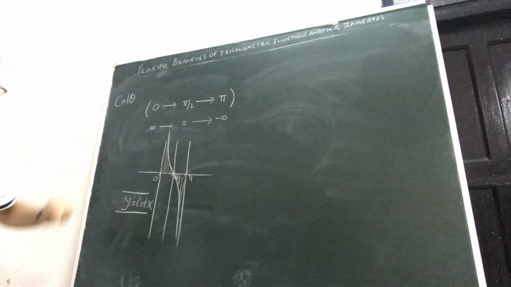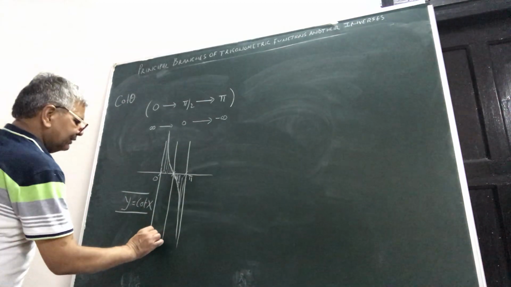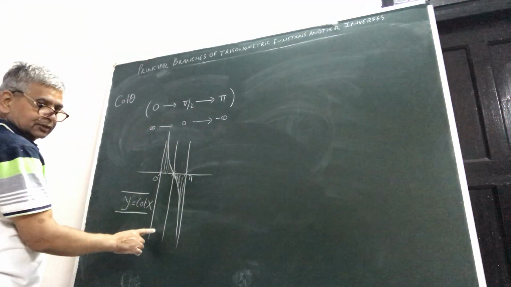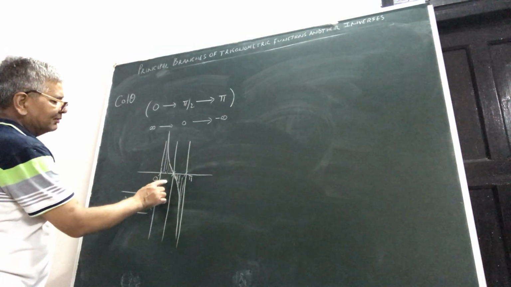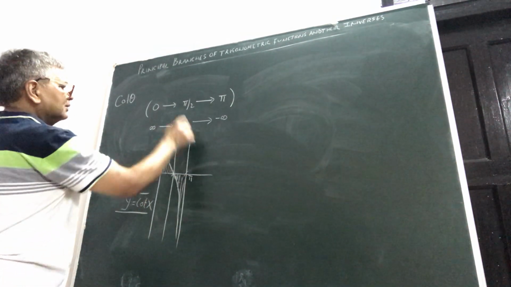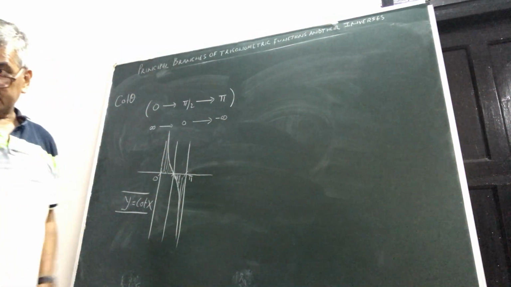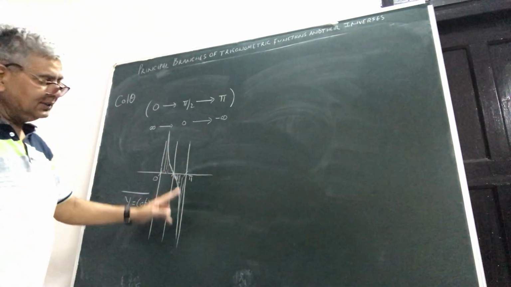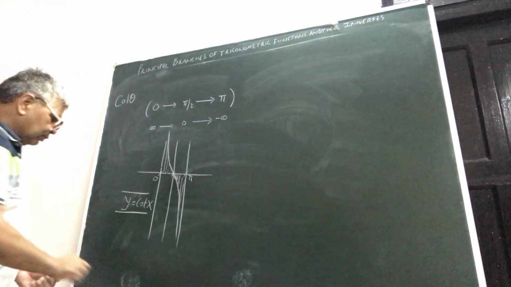In the case of tan x, it was always an increasing function. Initially the value was minus infinity, then minus very large, minus 1, minus 0.9, and then plus. So the curve of tan x is continuously increasing, whereas that of cot x is continuously decreasing. So this aspect also you have to look into.